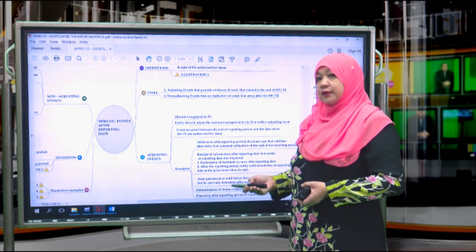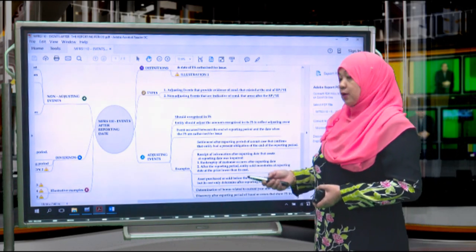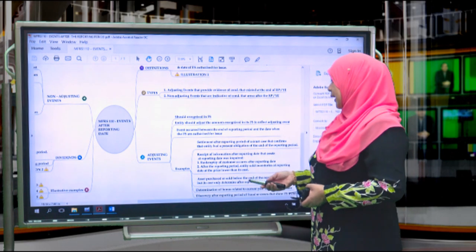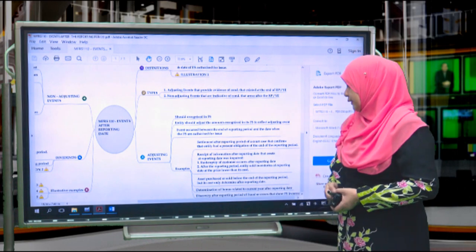In that case, once the value of the asset has been determined after the reporting period, that value should be accounted for as an adjusting event.